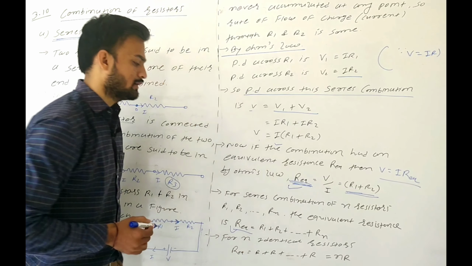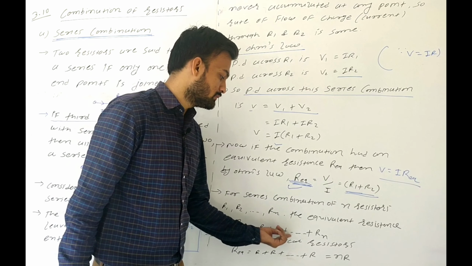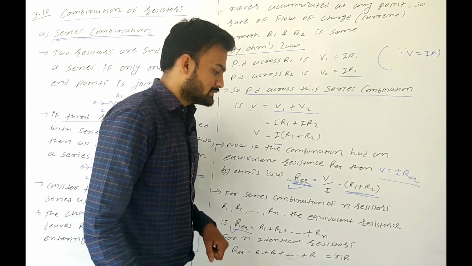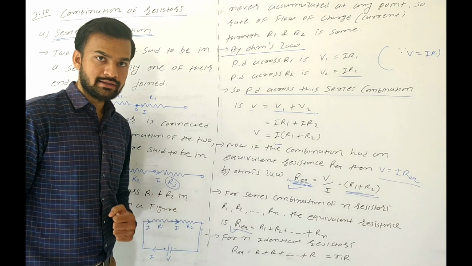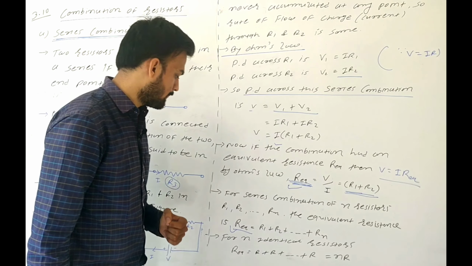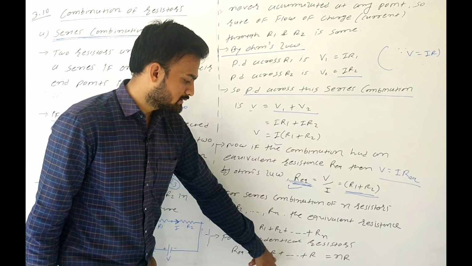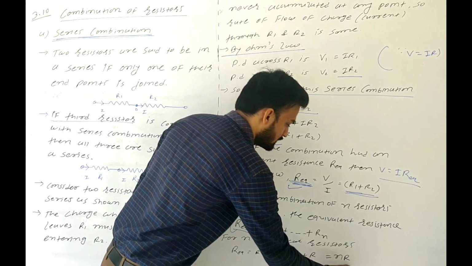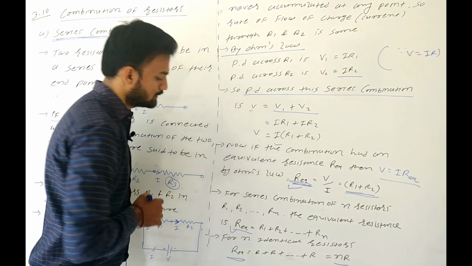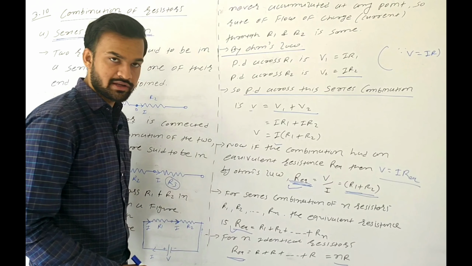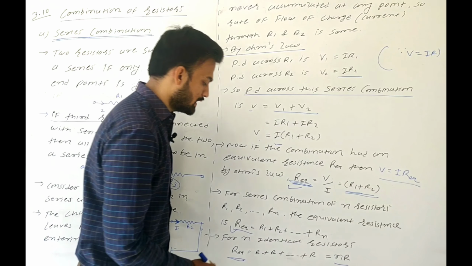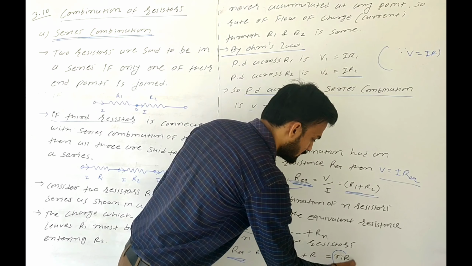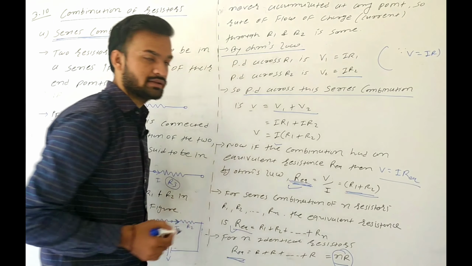For n identical resistors, each of value R, R equivalent becomes R plus R up to R, and this total sum becomes n times R. So we can say that in a series combination, the equivalent resistance is greater than the greatest value of resistors connected in series.